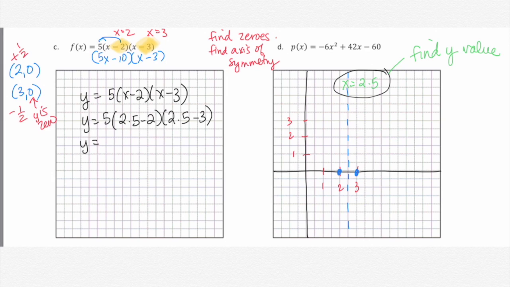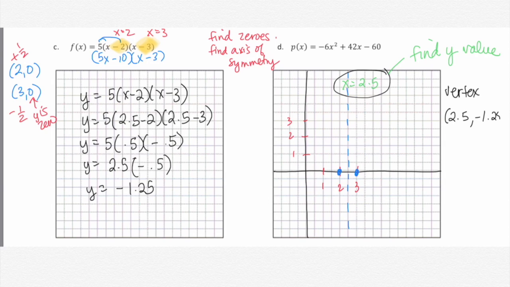What would y be when x is 2.5? And my y value is negative 1.25. So there I have my vertex, 2.5 and negative 1.25.